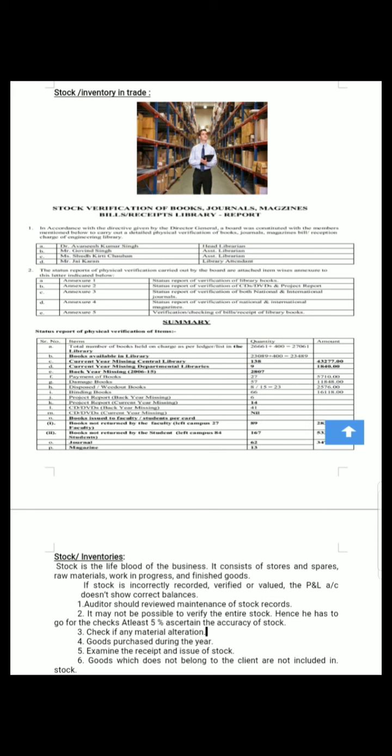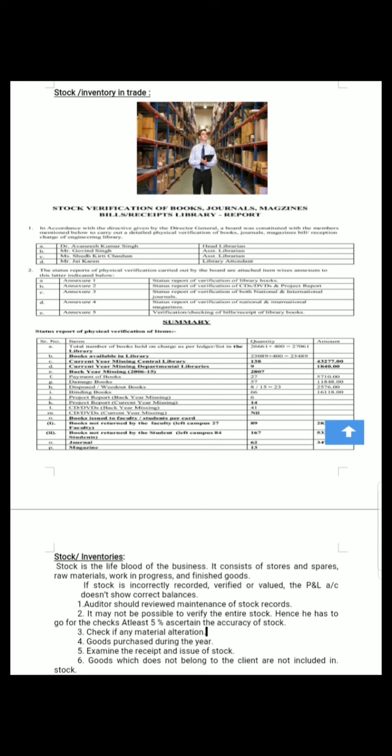Clear? Next, examine the receipt and issue of stock. Here the auditor should examine how effectively the management controls the receipt and issue of stock. If the purchase department or the manufacturing department wants some product from the stores, it should be done in the right way.